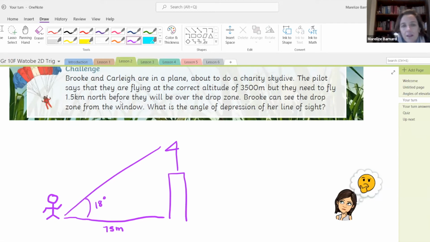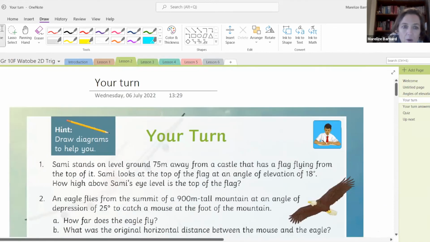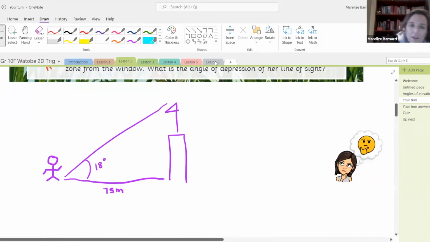And then the question asks, we need to know how high above Sammy's eye level is the top of the flag. So we basically want this distance here.